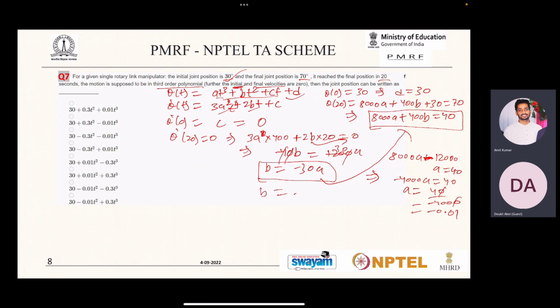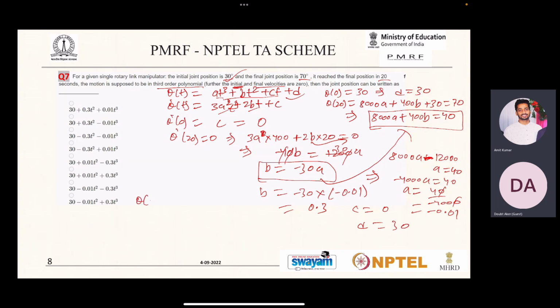So b will be what? Minus 30 into minus 0.01, that will become 0.3. Right? So a is this, b is this, and c we have got as 0, and d we have got as 30.